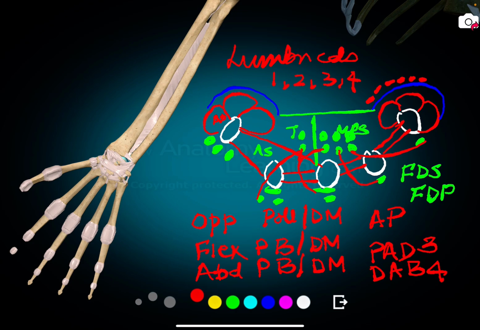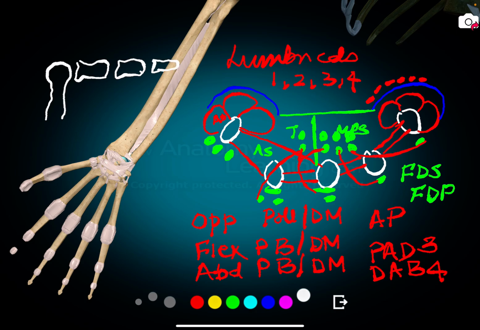The action of the lumbricals, if you want to understand, you have to understand this small picture. This is the metacarpal. Here is the proximal phalanx, here is the intermediate phalanx, and here is the distal phalanx.